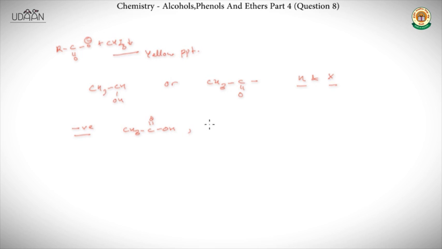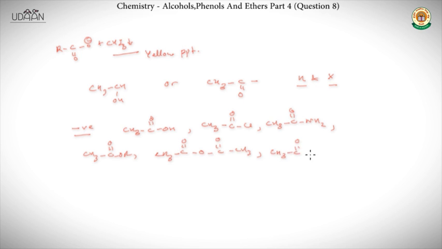And the compounds which show a negative iodoform test are CH3COOH, the carboxylic acid group, and CH3COCl. Then CH3CONH2, that is amide. CH3COOR, ester. Then CH3CO-O-COCH3, which is our anhydride.